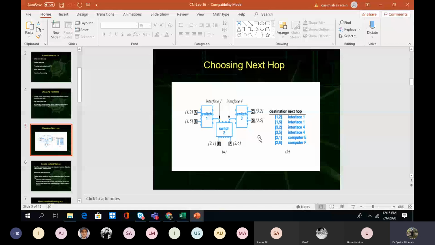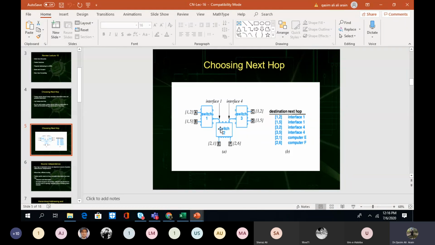I mean 1,2, 1,5, 3,2 and 3,5 इन सब के साथ आपके पास computers connected हैं. इन सब के जो next hop हैं, interface 1 for the first two, and interface 4 for the next two. अब अगर हम बात करें switch 2 itself की, I mean packet switch 2 की, तो for packet switch 2, computer E and computer F is our ultimate next hop destination. Why?